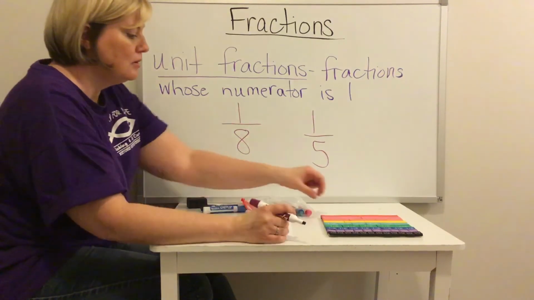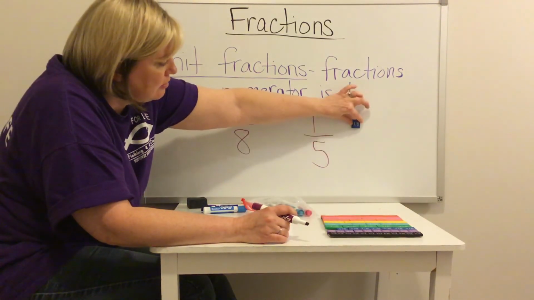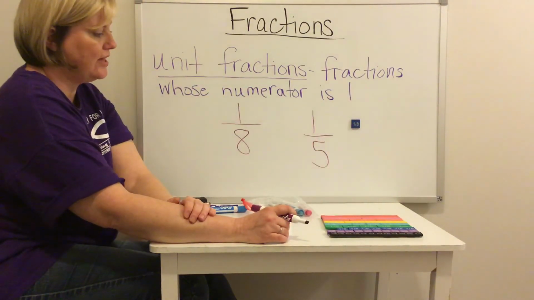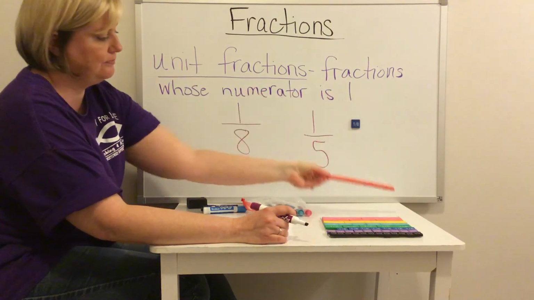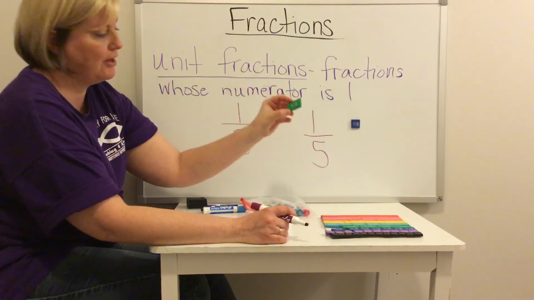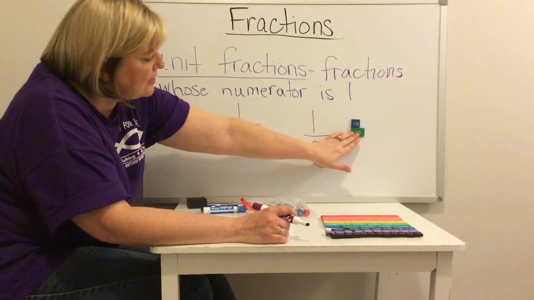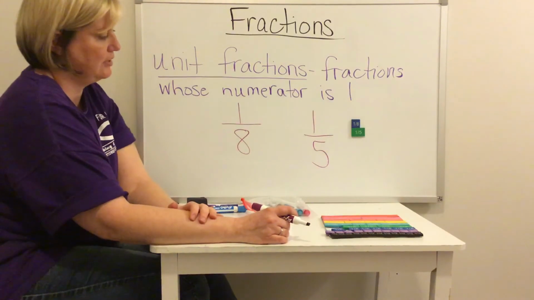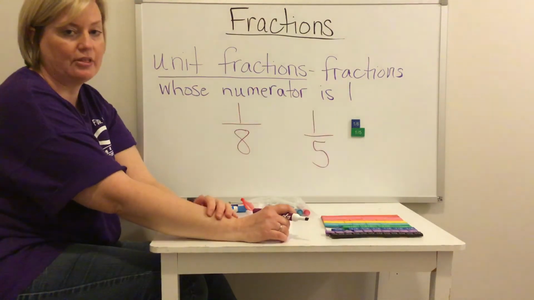Okay, so I'm going to take 1/8, that's 1/8 of this whole candy bar, and compare it to 1/5. This is 1/5 of that whole candy bar. Okay, I'm getting a bigger piece with the 1/5.